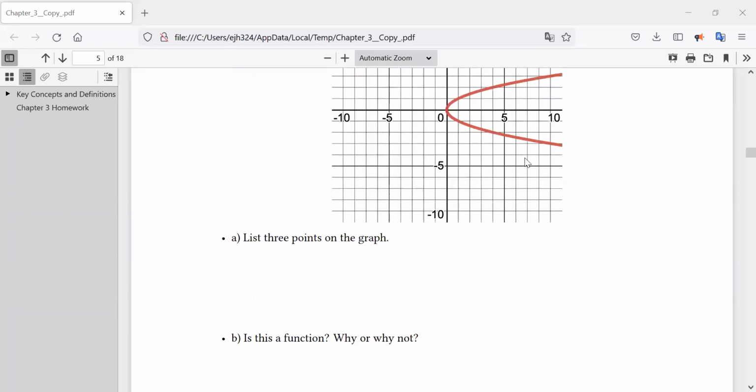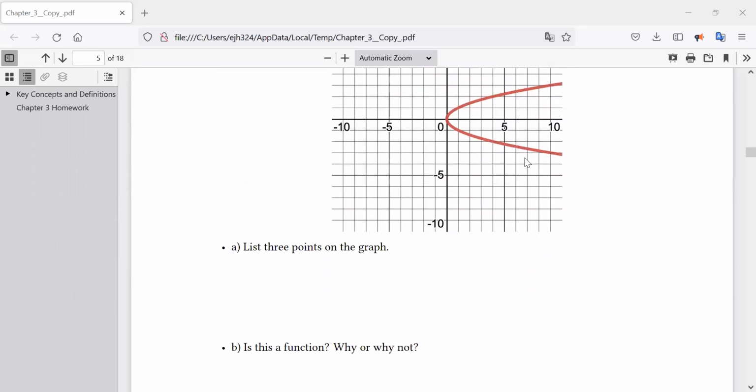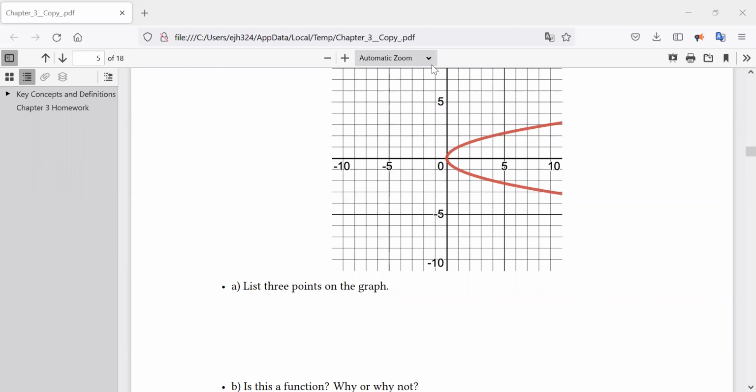And we don't talk about this being increasing or decreasing. Why is that? Well, it's not a function. Also, as x goes out, this is both increasing above and decreasing below. That's why it doesn't make sense to talk about this being increasing or decreasing.